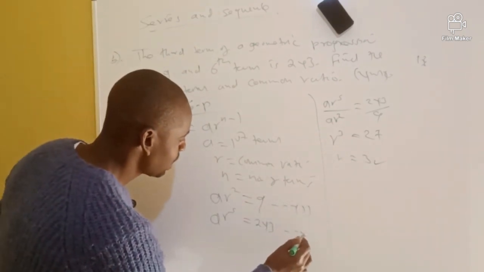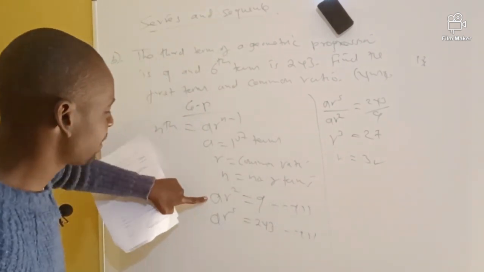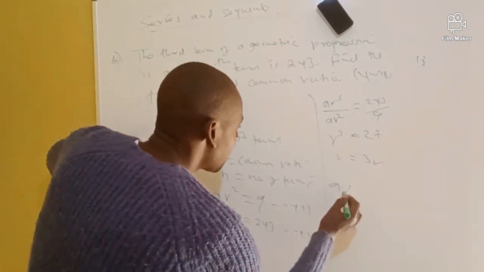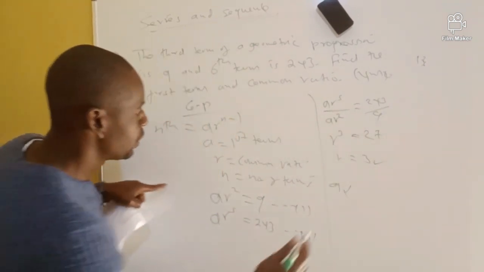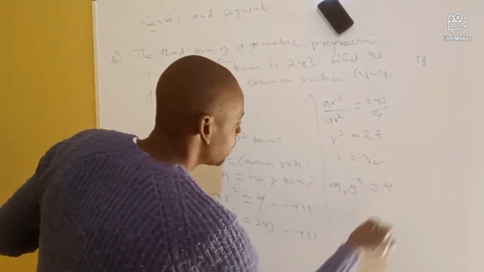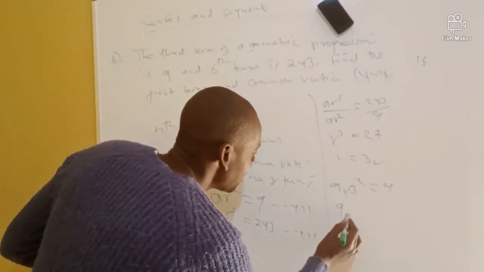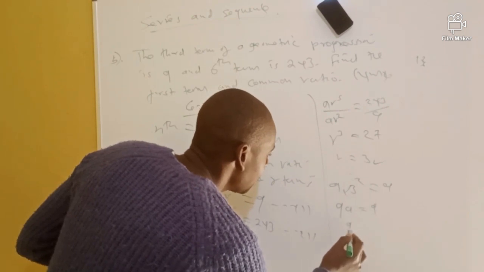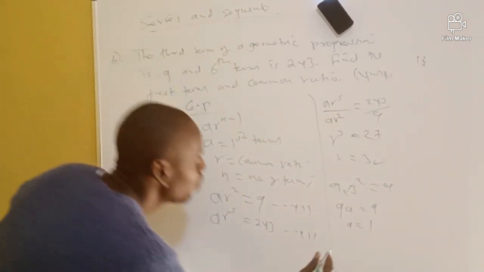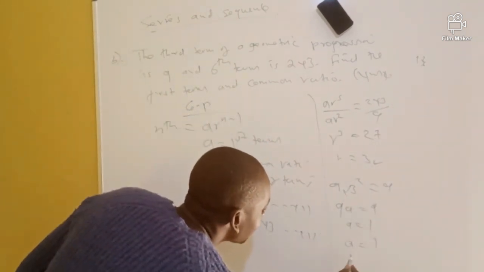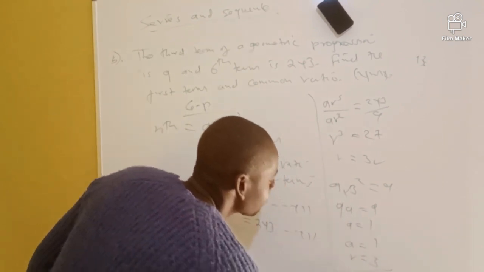For example, this is equation 2. We can even pick the first one. A is what we want. R is 3. So 3 squared is equal to 9. So 3 squared is 9, this is 9A is equal to 9. A is equal to 1. So A is equal to 1 and R is equal to 3.